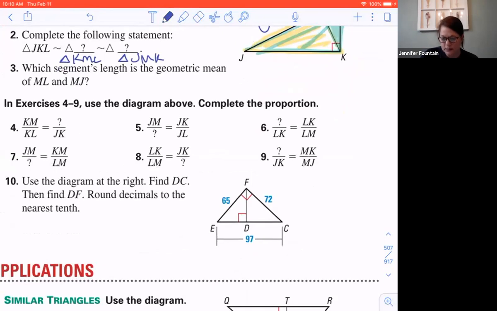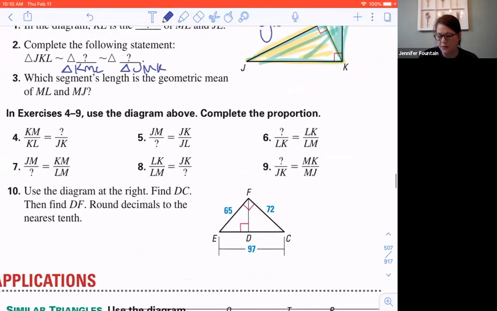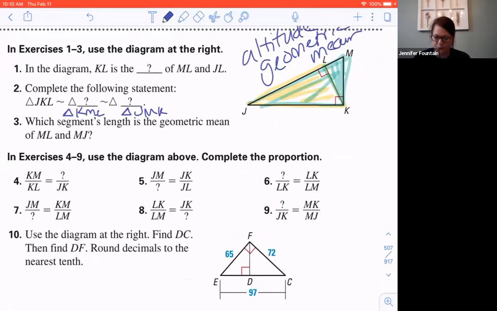All right. So it says in exercises 4 through 9, use the diagram above and complete the proportion. So all I'm going to be doing is comparing and looking to see what did they tell me first. So what is the corresponding side? So I have KM to KL as what is to JK?